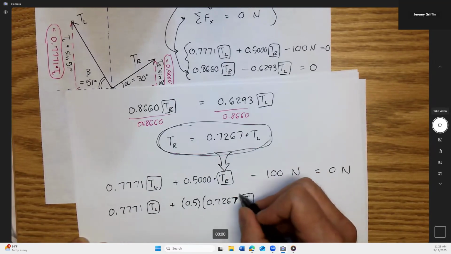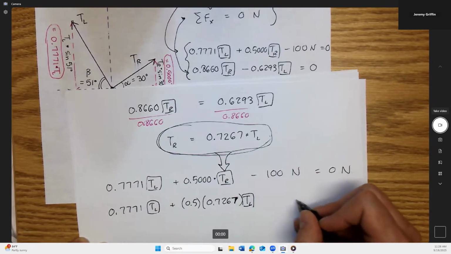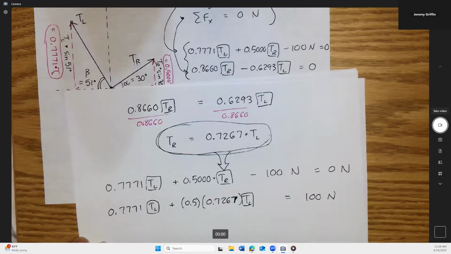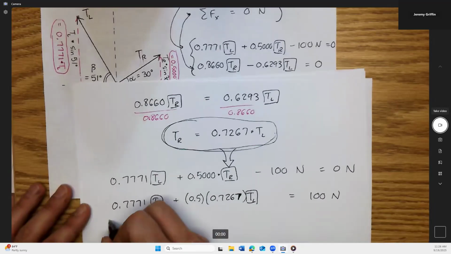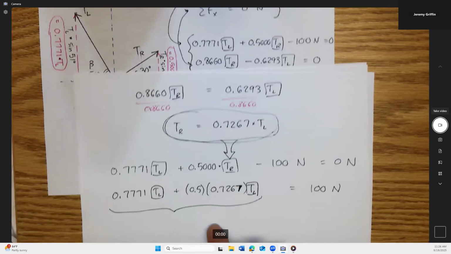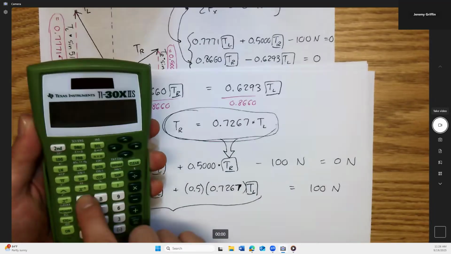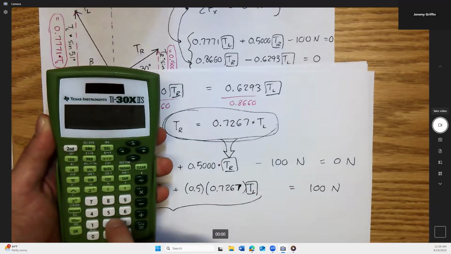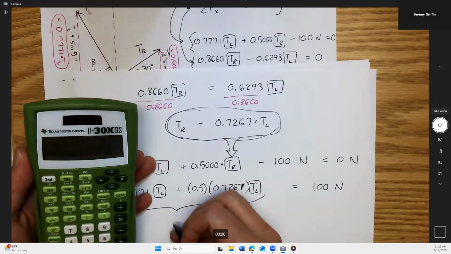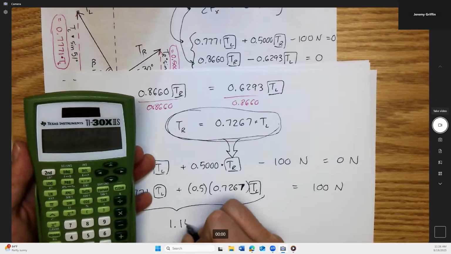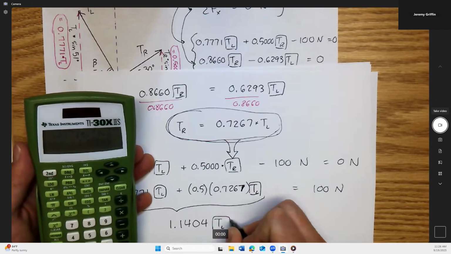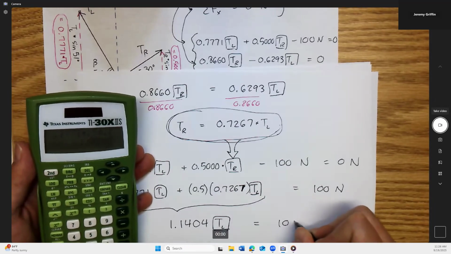Can I say equals 100 newtons? Just add that over while I'm at it. Is that okay? Now I can add all this together. Some 1 plus 0.5 times 0.7267. This looks like 1.14 tension left is equal to 100 newtons.